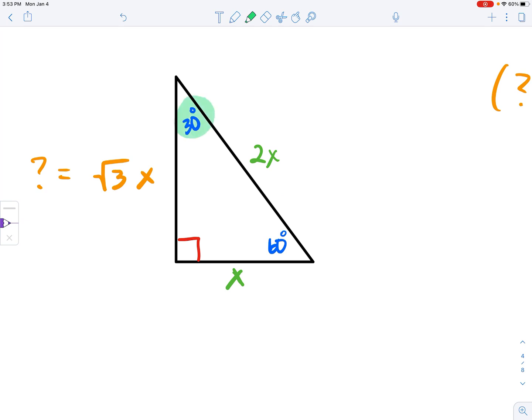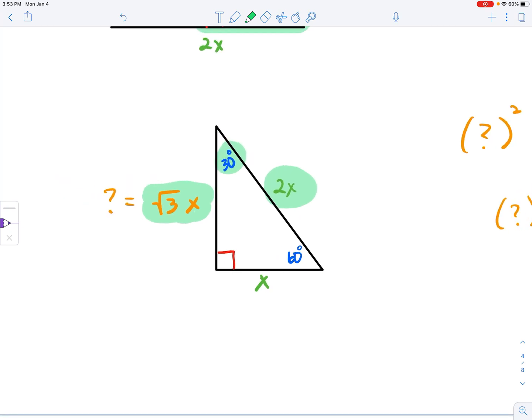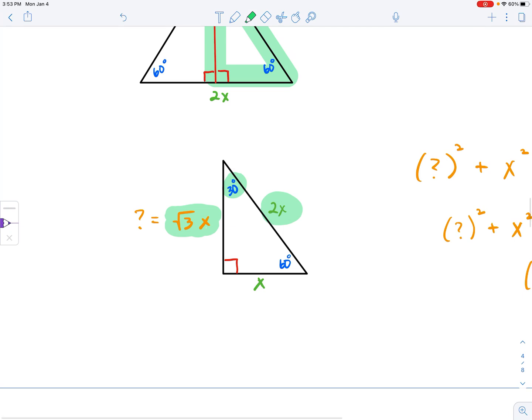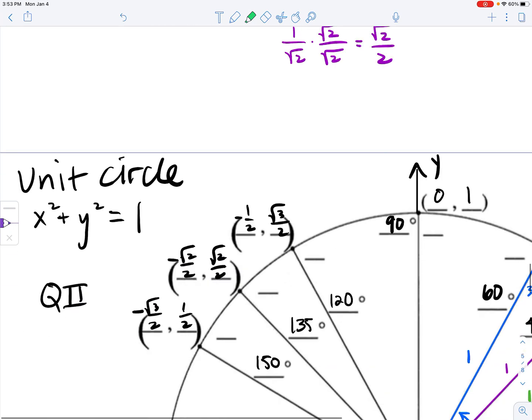Okay, so we focus in on 30 degrees. Cosine is adjacent over hypotenuse. So the side adjacent would be root 3x, and then the hypotenuse would be 2x. Well, root 3x over 2x, the x's would cancel every time. And so cosine of 30 degrees would be equal to root 3 over 2.